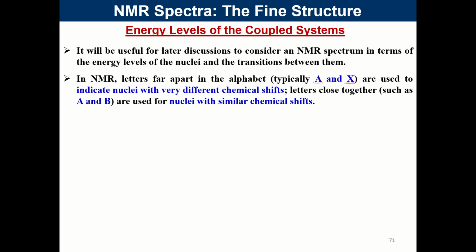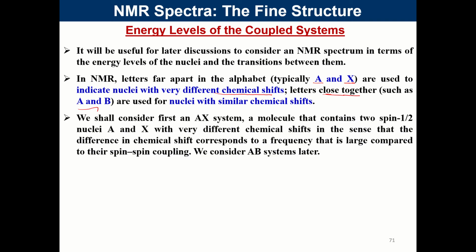So to distinguish the two kinds of interaction, we denote them as A and X if they are well separated in chemical shift values, and if they occur close together, with very similar chemical shift values, they are labeled as A and B. So first we are going to discuss the AX type interaction. So a two-nuclei AX system, where we assume that both of them are spin half nuclei.